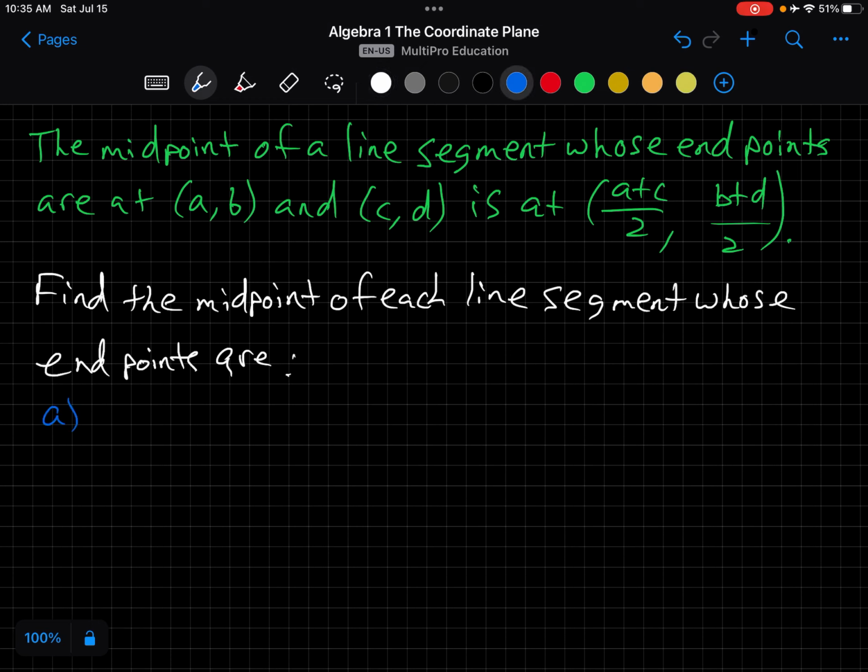Let's have a colon. A, we have -4, 4, and 4, -4.